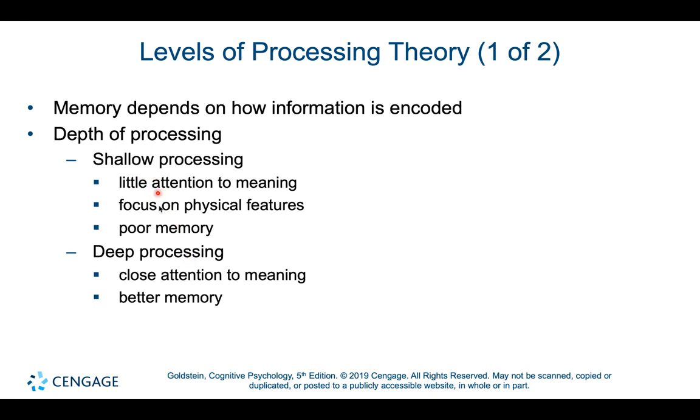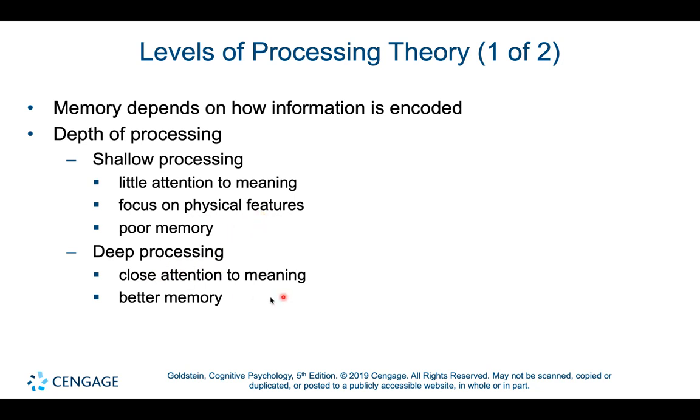So, shallow processing is just repeating the information in your head or focusing on things like its physical features. You're not paying attention to its meaning, right? So if your friend's door code is 51823, you're just going 51823, 51823, 51823. You're just repeating the sounds, right? The physical features of that information.